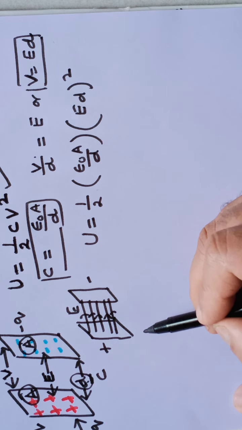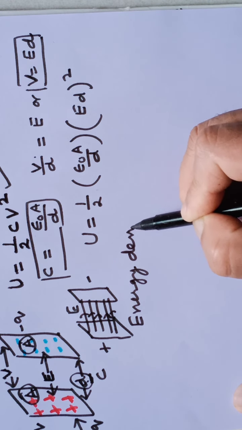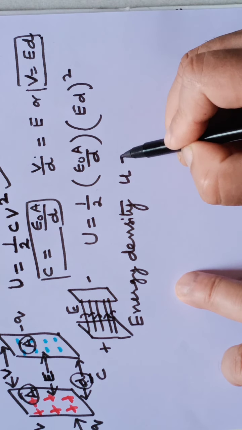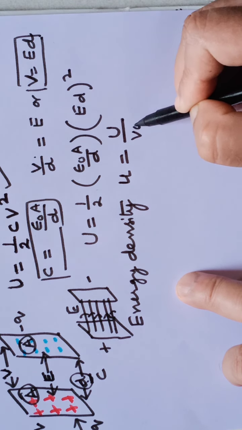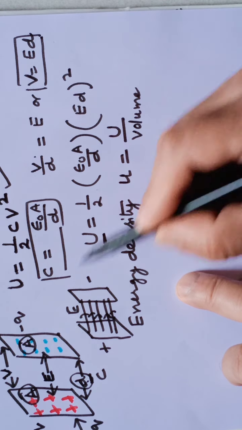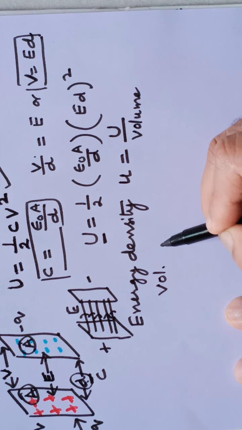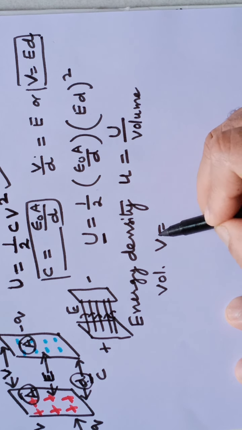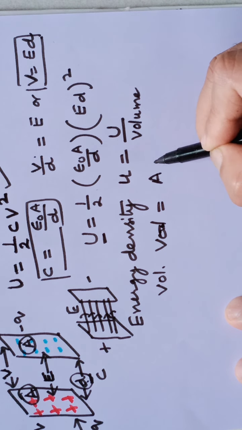Now here is a concept, energy density, of a parallel plate capacitor, and it is defined as small u is equal to capital U upon volume. Now capital U is this one, and the volume of the capacitor is area into distance.